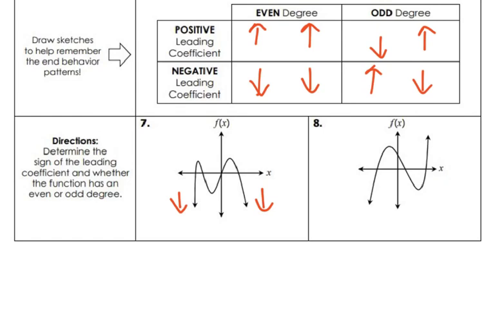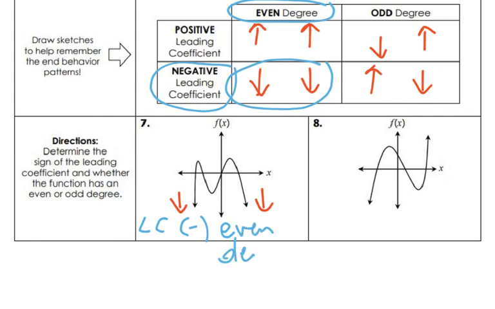That's number 7, which means we're going to have an even degree and a negative leading coefficient. So the leading coefficient is going to be negative, not -1, just negative, and we're going to have even degree.